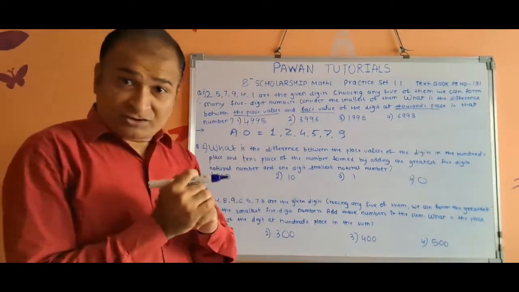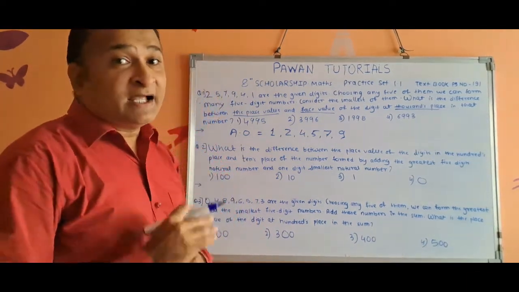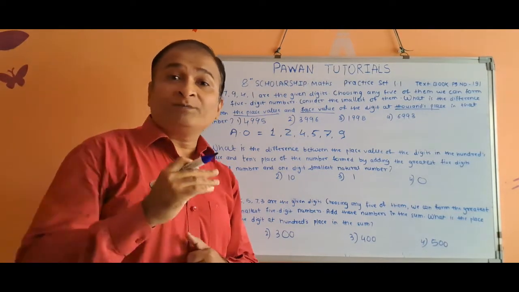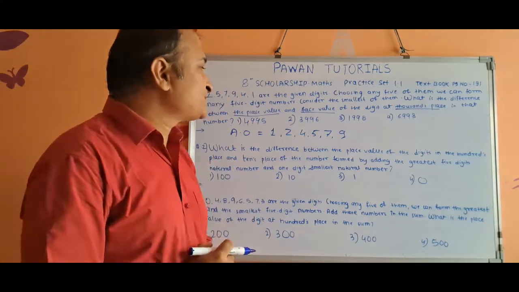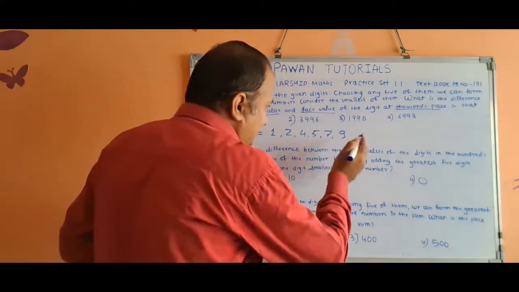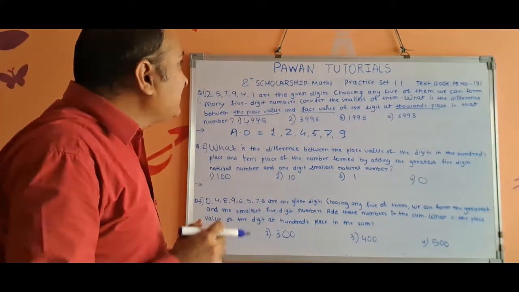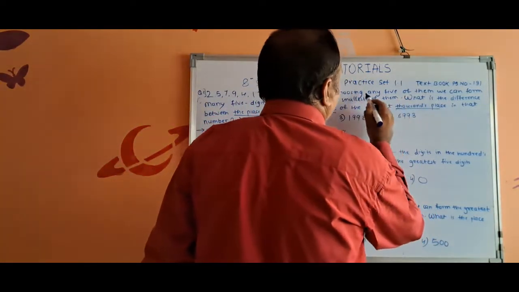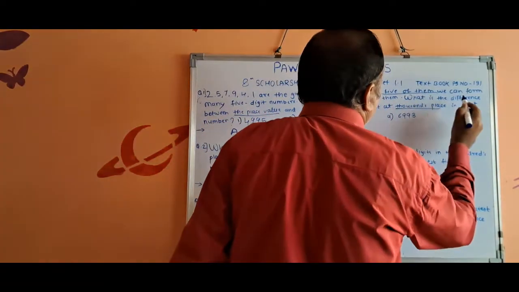Now look at the question, students. We have to form the smallest number, and they have asked us to consider only 5 digits. So in order to form the smallest number, we will be considering only the smallest numbers. From this series, we will have to consider the first 5 digits only, because they said that we have to choose any 5 of them.